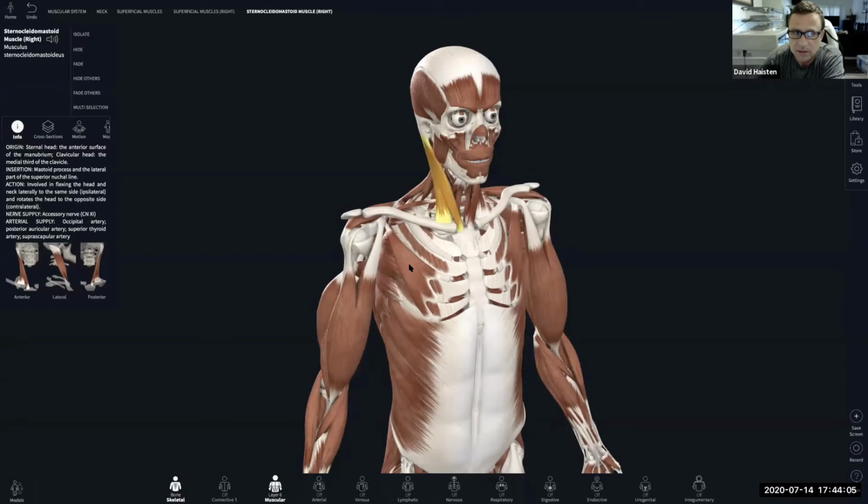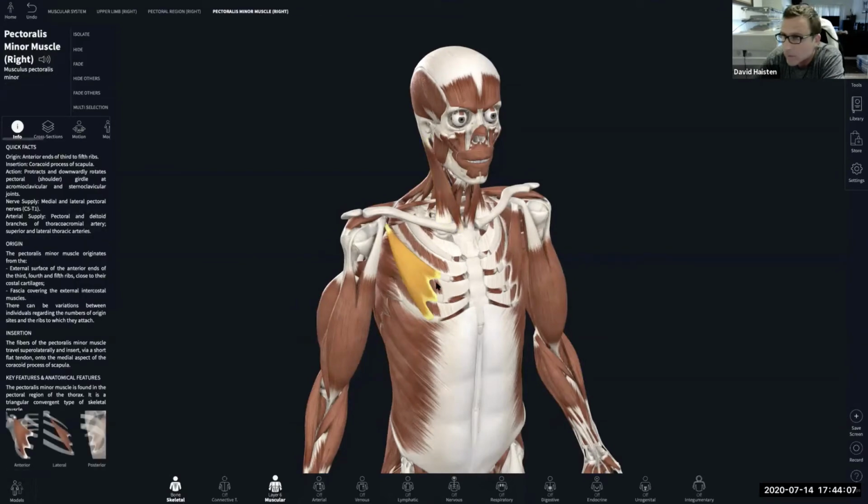Pectoralis minor. Its origin is supposed to be ribs 3 through 5, insertion, coracoid process, but with your scapula fixed, meaning your scapula doesn't move, the origin and insertion can switch. With the scapula stable, pec minor contracts and pulls on ribs 3 through 5 and pulls them out.